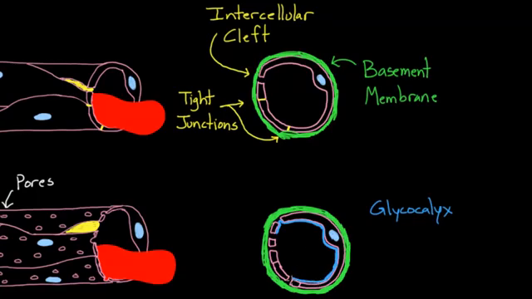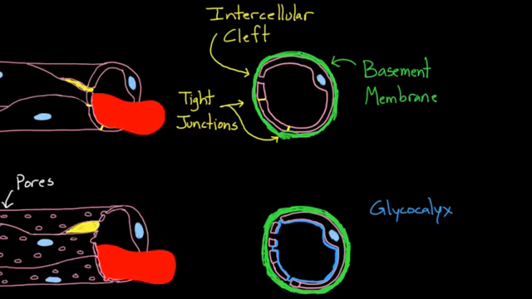And so what it does is it actually gets across these pores. So even though there's a pore there, you might get a little bit of glycocalyx spanning the pore, and it'll come across and it'll look like that. The one place where you won't see it is in the intercellular cleft, because that's actually a real spot between cells.